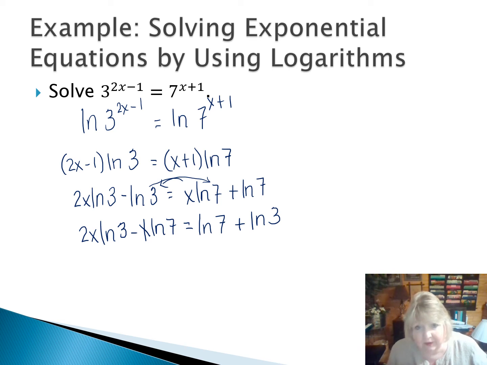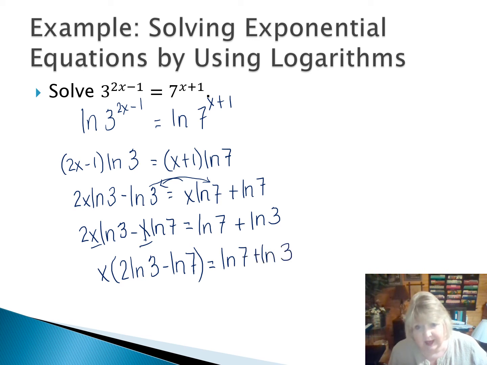Now here, I'm going to factor out a common factor of x. That leaves me with 2 natural logs of 3 minus natural log of 7. And then I'm just going to copy the other side down because I'm not doing anything with it right now.